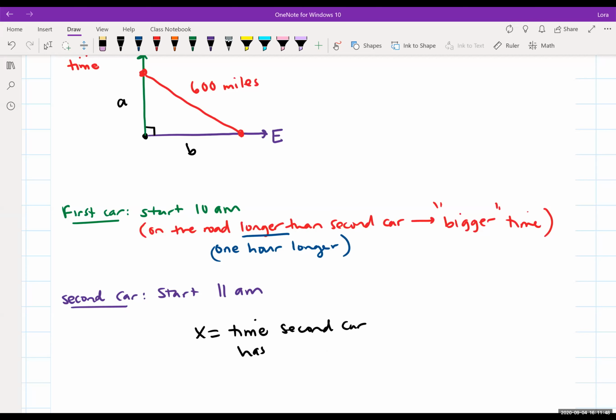And if your first car has been on the road 1 hour longer, then your first car's time on the road should be x plus 1.